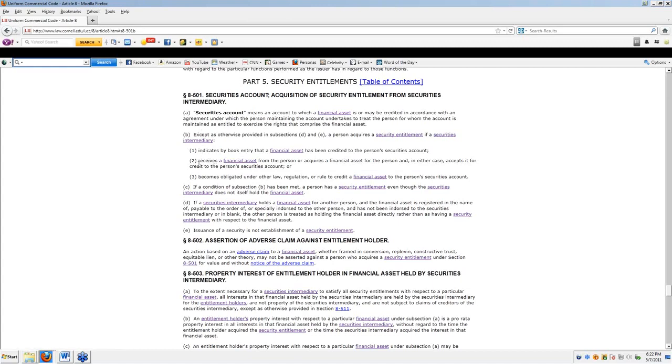What is B? Read B1 and 2. 1, 2, and 3. Except as otherwise provided in subsections D and E, a person acquires a security entitlement of a securities intermediary if a securities intermediary, 1, indicates by book entry that a financial asset has been credited to the person's securities account, or 2, receives a financial asset from the person or acquires a financial asset for the person, and in either case accepts it for credit to the person's securities account, or 3, becomes obligated under other law, regulation, or rule to credit a financial asset to the person's securities account.